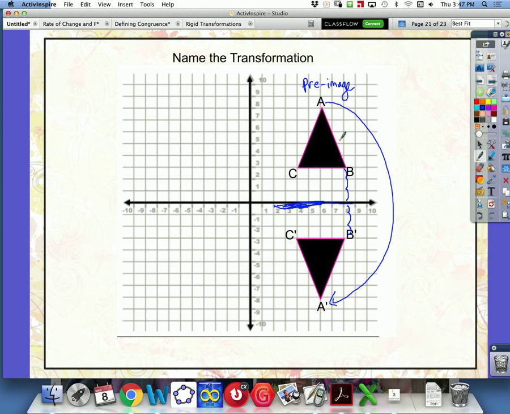So I know that this is a reflection over the x-axis. But again, the main thing I want you to be able to do right now is tell me that it's a reflection because they're opposite of each other.